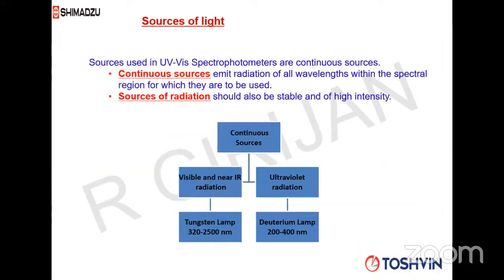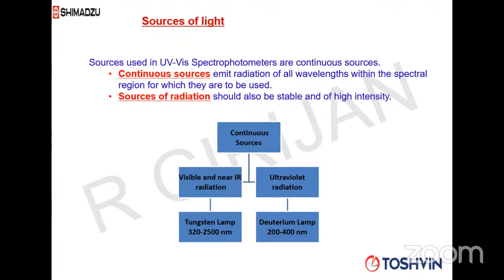Okay, now what are the sources of light? I told you in the case of a UV visible spectrophotometer, you have a UV range and also a visible range. For the UV range, that is the ultraviolet range, we are using a deuterium lamp, D2 lamp. This D2 lamp you can use for 190 to 360 nanometer recording of the UV spectrum.